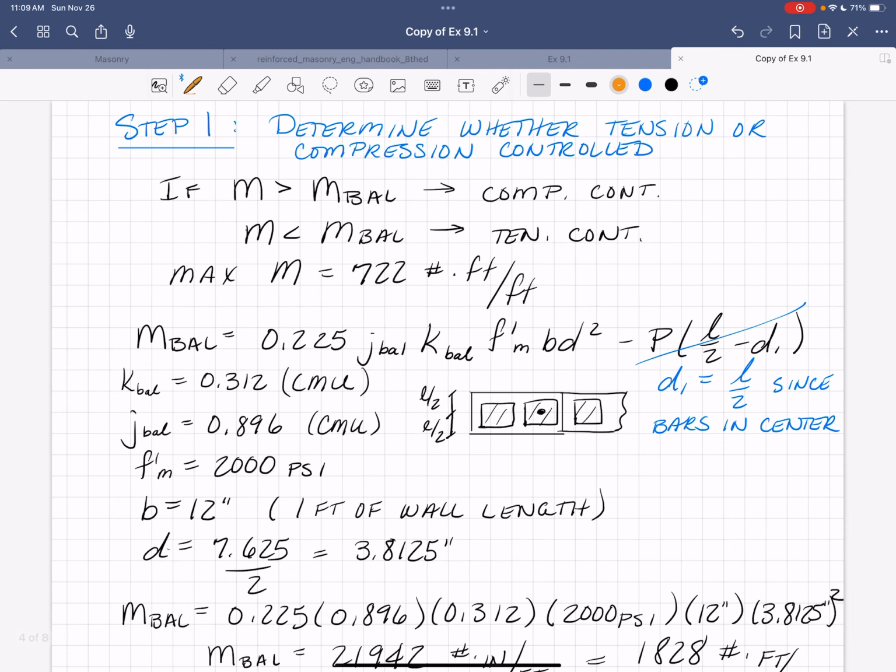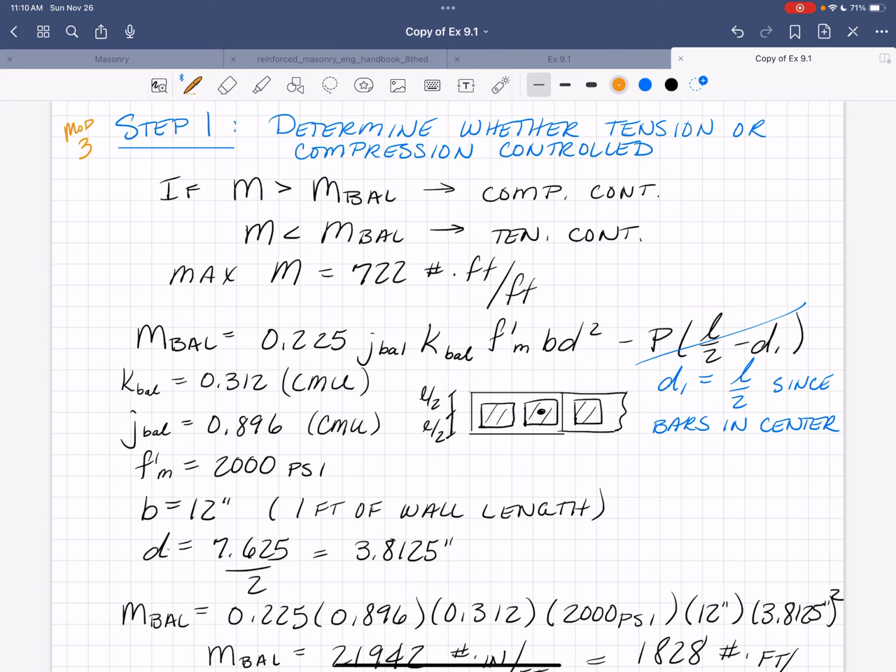All right, now we're going to follow the modified method 3. First step is to determine whether it's tension or compression controlled. I'm going to give you tension controlled ones on your homework and on the exam, which is more typical. So if you do this check and you find out you're compression controlled, and I ask you to do the check, proceed as if it's tension controlled.